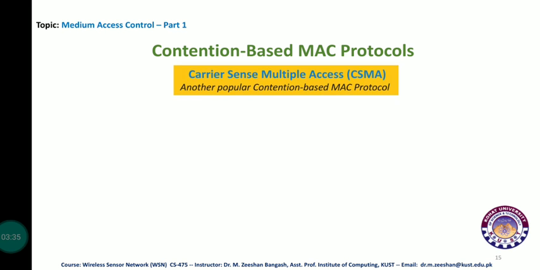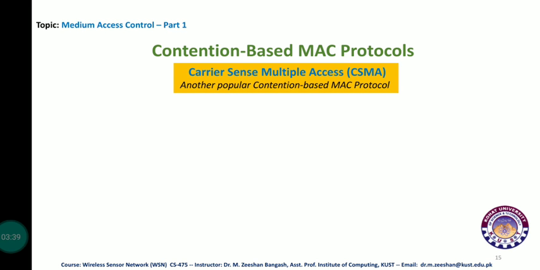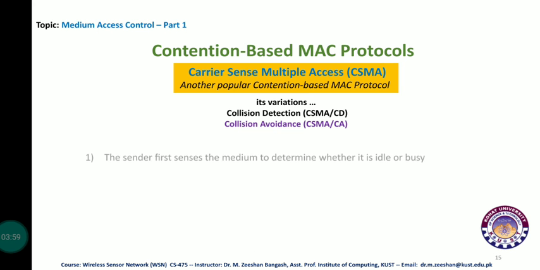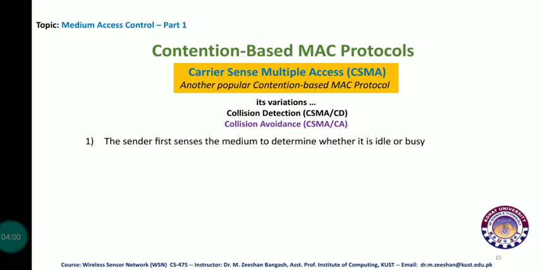Another contention based protocol is the CSMA, which is a very popular contention based MAC protocol, and its variations include the CSMA/CD, which is collision detection, and the CSMA/CA, which is collision avoidance: carrier sense multiple access with collision detection, and carrier sense multiple access with collision avoidance. So how does this protocol work? The sender first senses for an idle or a busy medium.